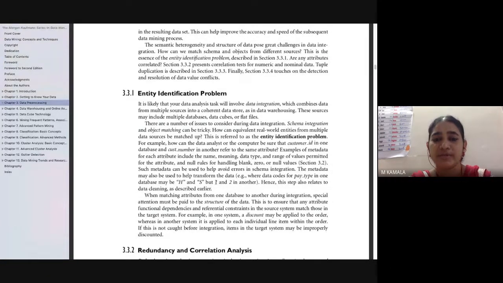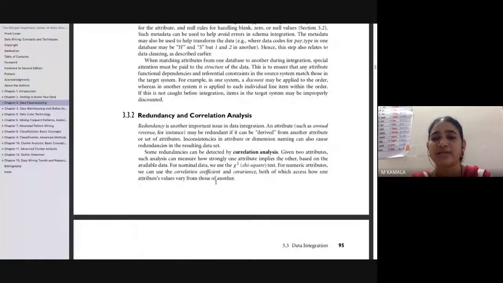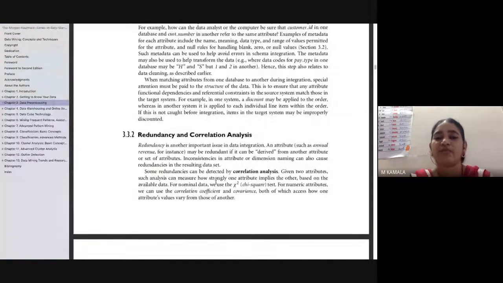We will go into redundancy and correlation analysis, which is very, very important. For further data mining problems also, we always have to refer to redundancy, try to remove it, and find out the correlation analysis between the attributes. How we do it is very important.